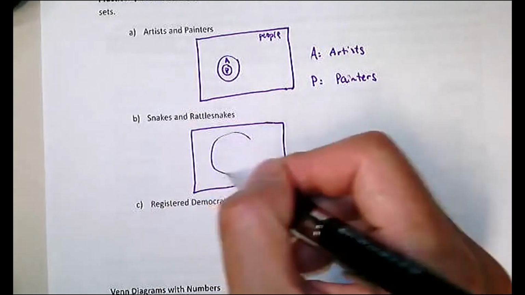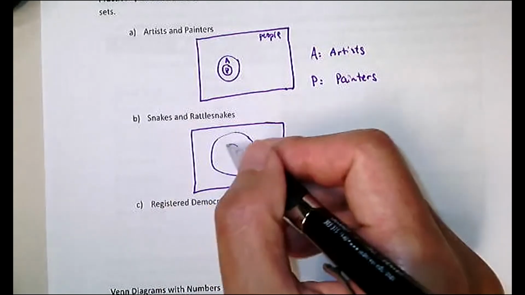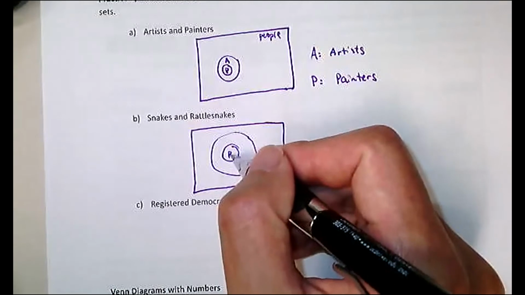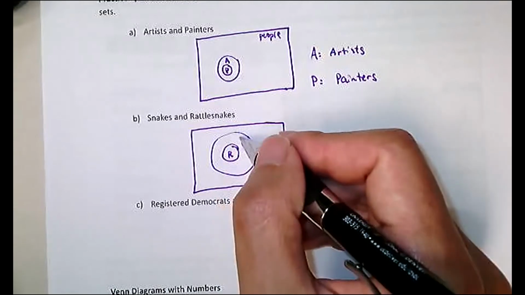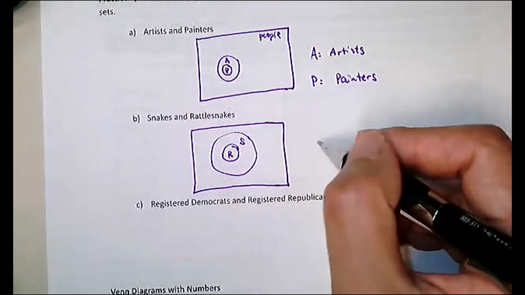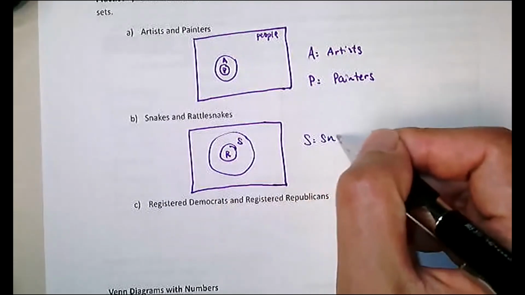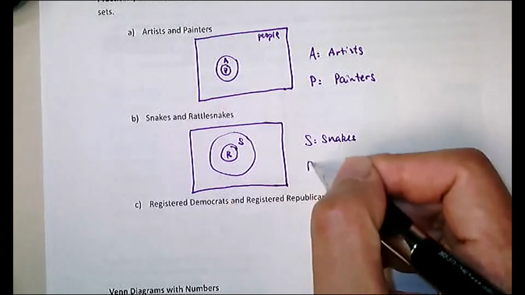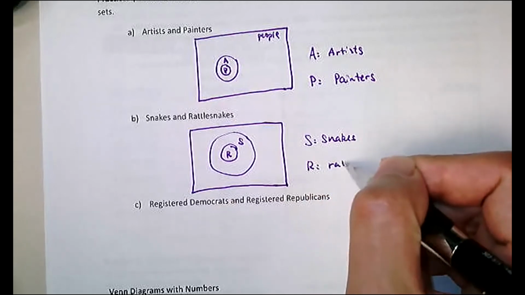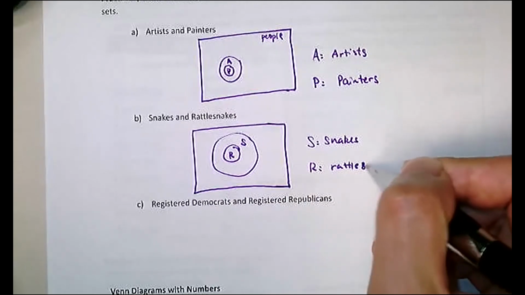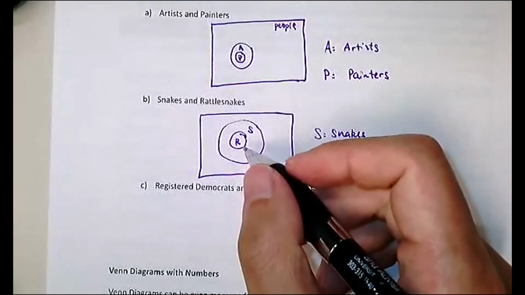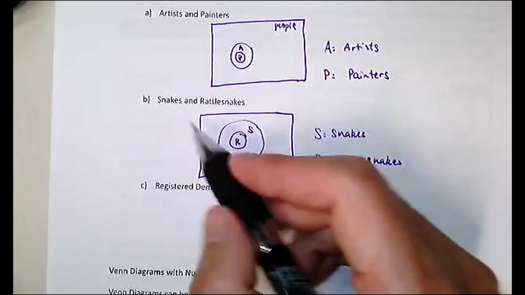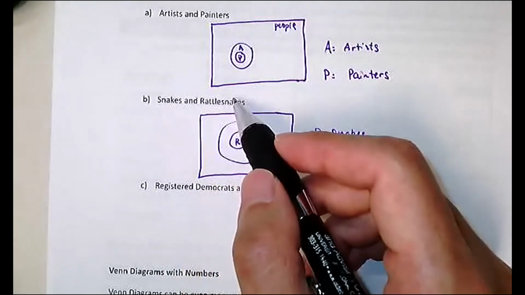So first we draw a bigger circle, then we draw a small circle. We use R to denote rattlesnake. We use S to denote the bigger circle. Okay, I think this one is easy. There's no controversy here, right?